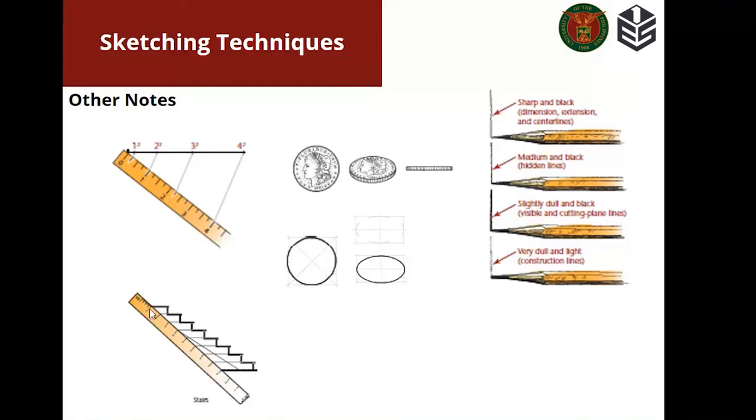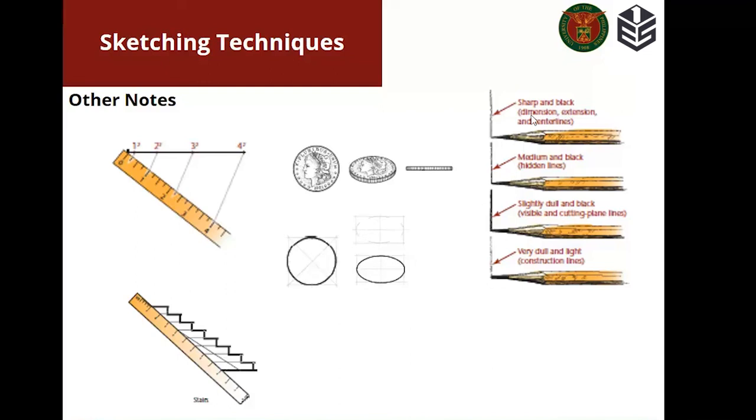For example, in this example, the lines in this ruler, if you slant it and then project those lines to the steps itself, it will be equally distributed. You could use that with your ruler. And when drawing a cylinder, it's like just flipping a coin. You could look at the coin in a different view to be able to draw an oval.